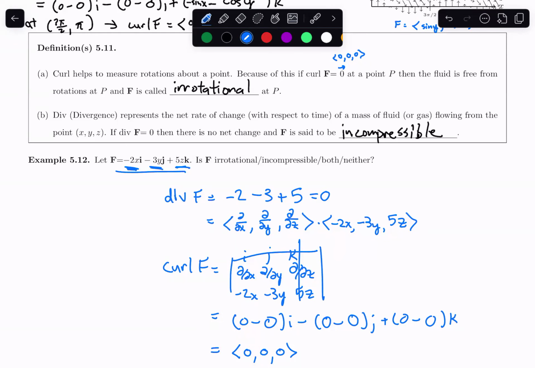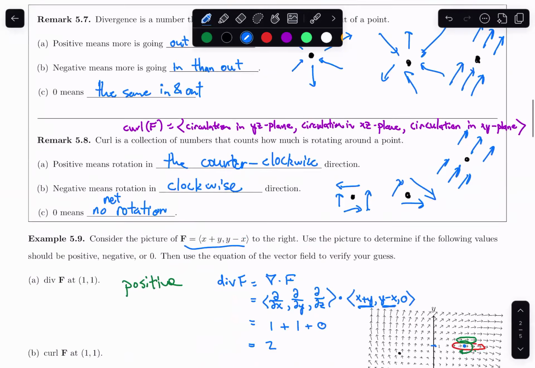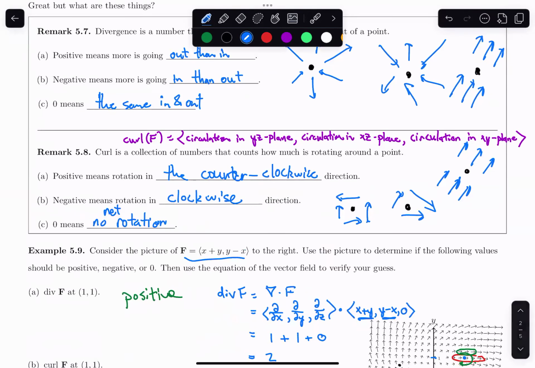Talk about the definition of curl. It said positive means rotation counterclockwise, negative means rotation clockwise. So what does that mean? Well, for any vector, it's most likely the case that the components are independent from one another. So when I'm talking about positive meaning counterclockwise in this remark, it's each component, a collection of numbers, and each one of those numbers you look at individually.